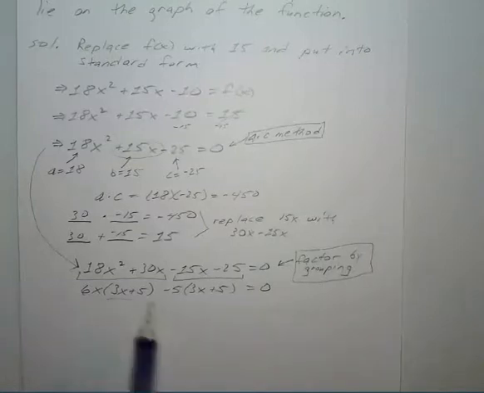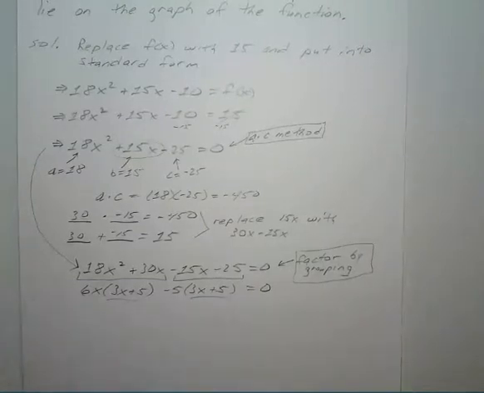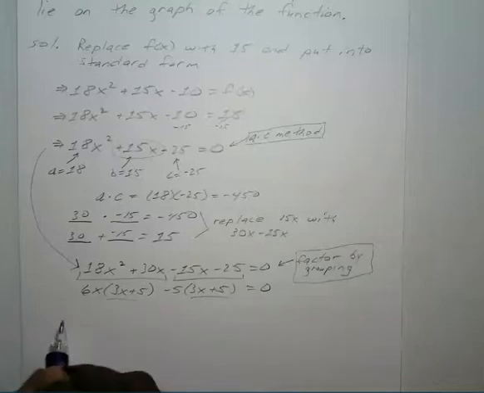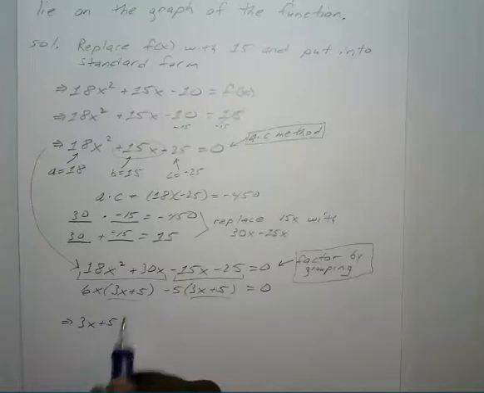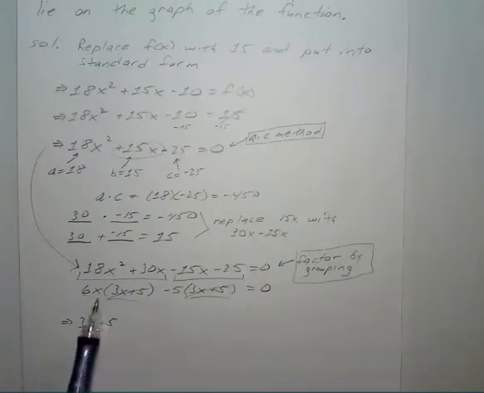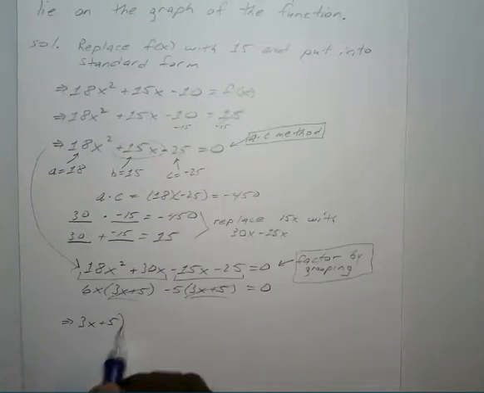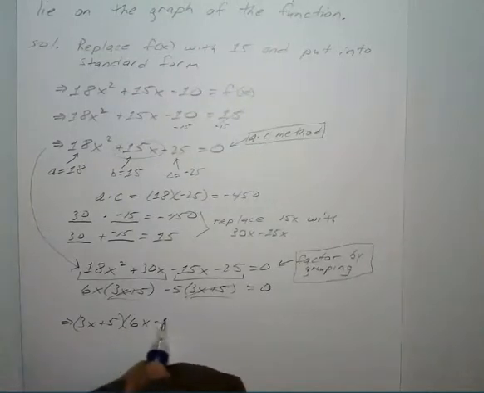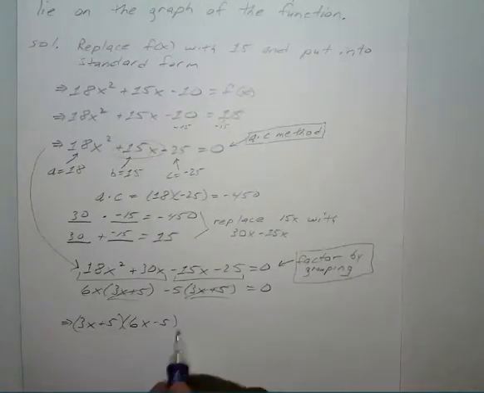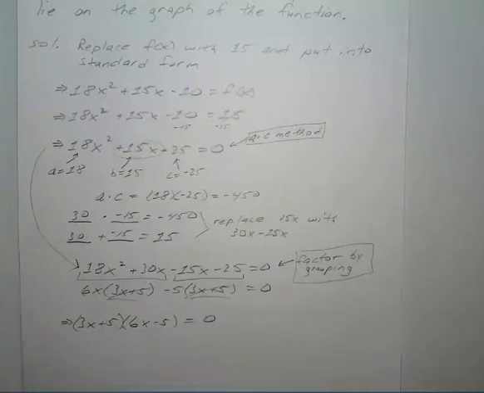Now, since both of our binomials match, we factor that out to the front. So we have 3x plus 5, and we can go ahead and cross those out. What's left goes into our next set of parentheses, so you have 6x minus 5 equals 0.